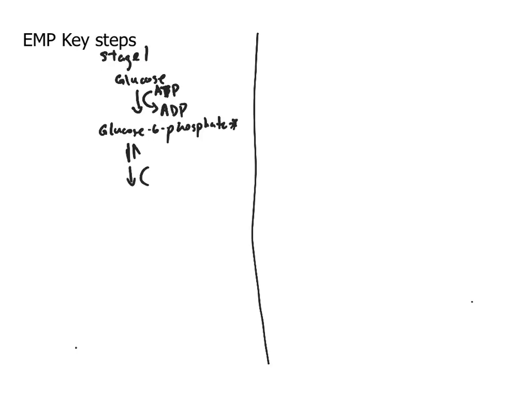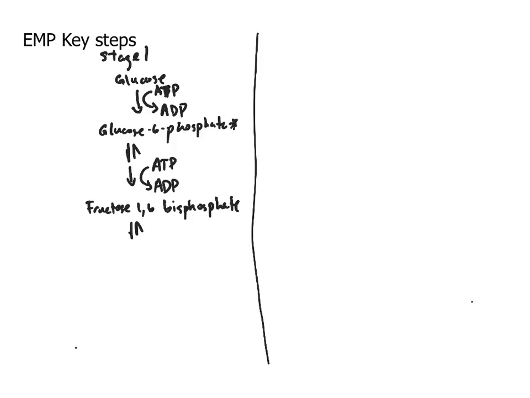And then we'll go through this after a couple of steps. This is your next irreversible step that goes to fructose 1,6-bisphosphate. Okay, why don't I finish the first pathway first.